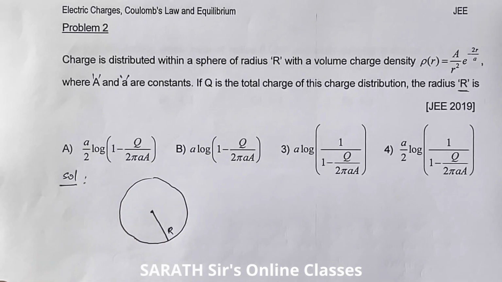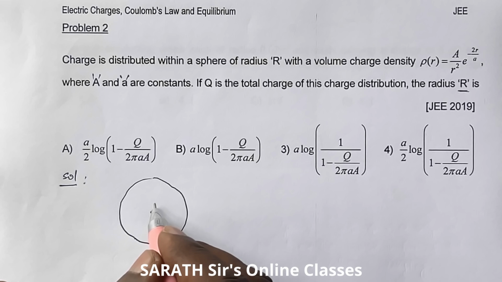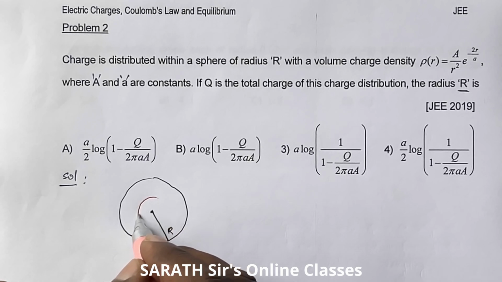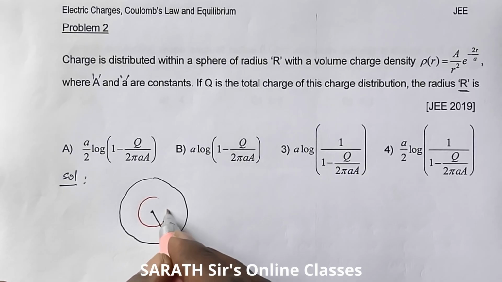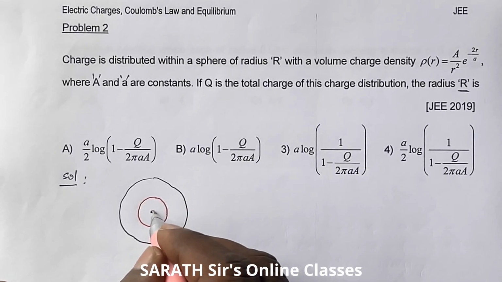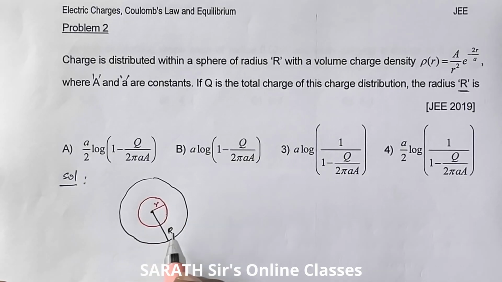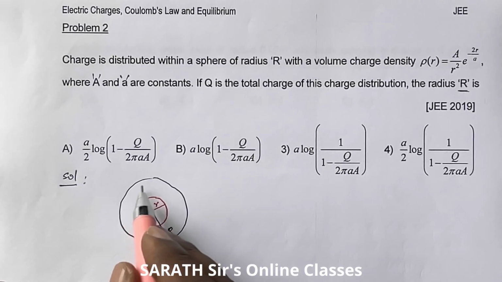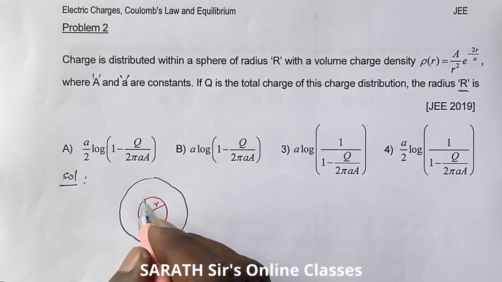To calculate, let us take a small element like this, which has a smaller radius. Why? Because with this distance the density of charge changes. Yes, see, inside the charge is less, and if you go away from the center, more charge will be there.